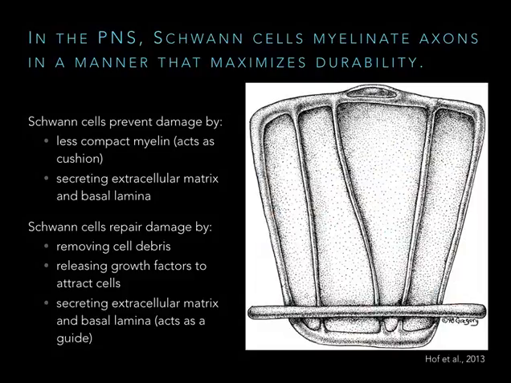So the Schwann cell is the kind of trapezoidal cell there, and the axons running along the bottom. Schwann cells are also going to be capable of removing cell debris. So if you do have some cellular damage, they can clean it up and release growth factors to help us regrow our damaged axons to some degree.